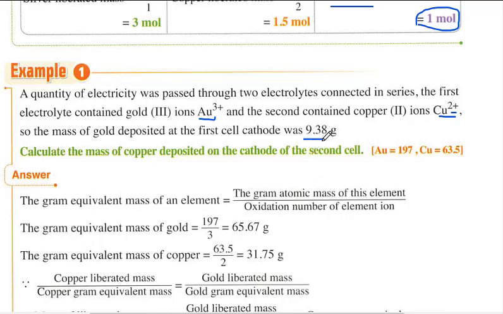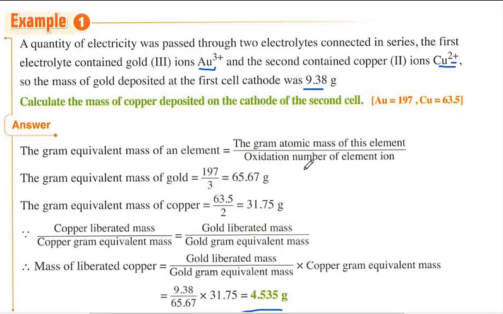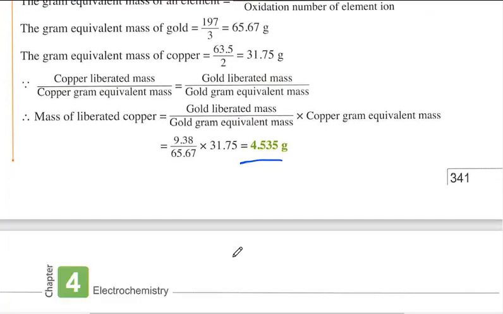If it is to some extent difficult, afterward we will use a whiteboard and write it for you and solve the problems by writing. But it is very simple. You can divide the liberated mass of each substance over its equivalent mass, put the numbers instead of these values, and calculate it easily.